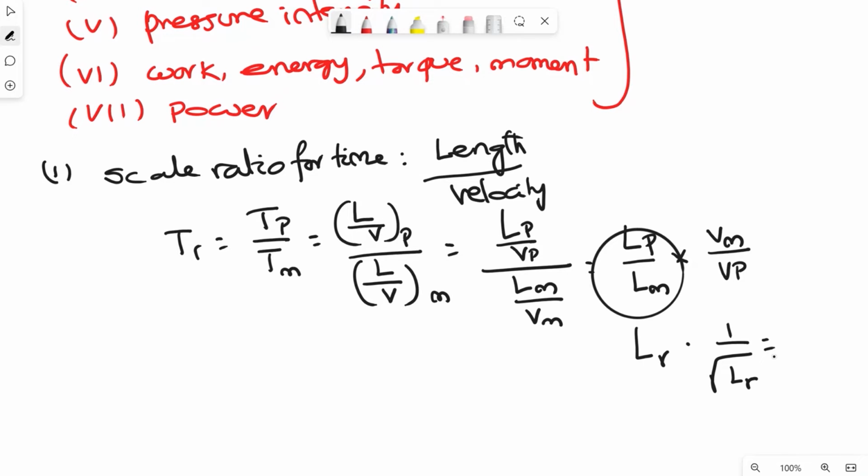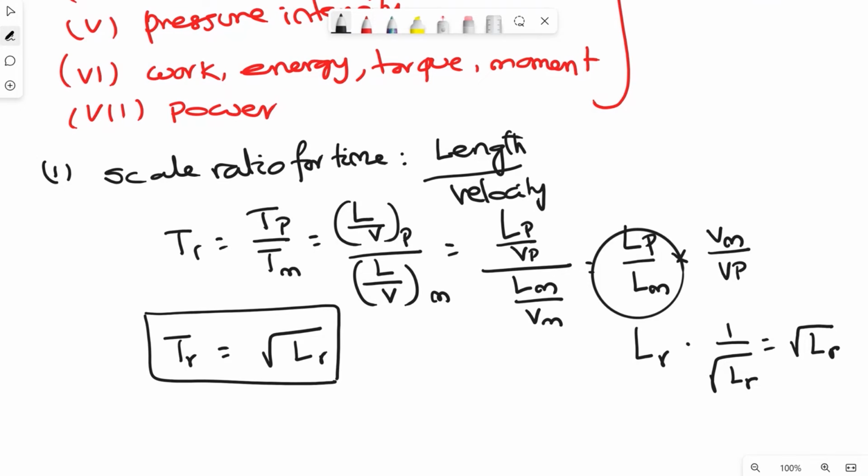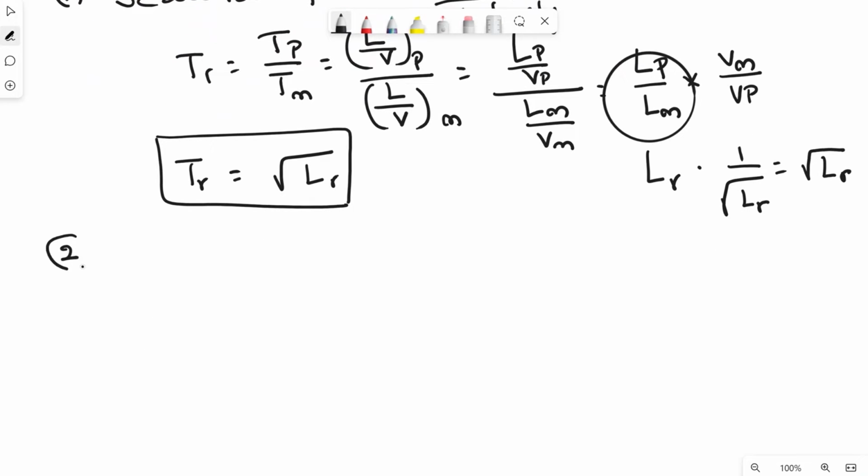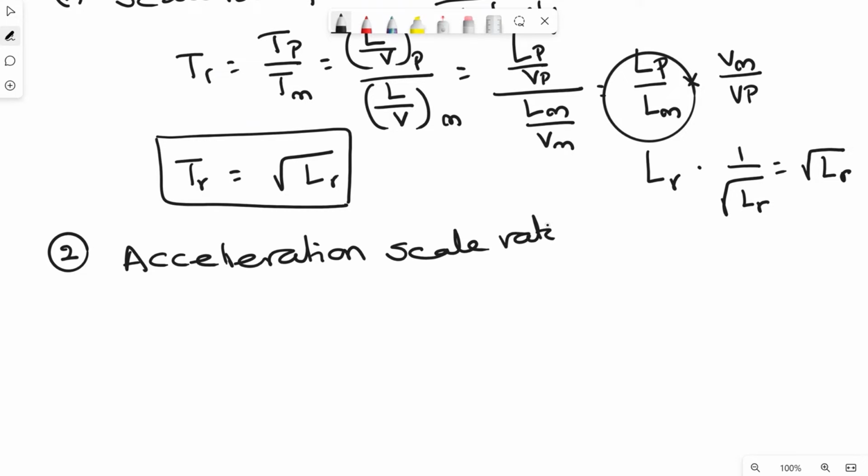So what is happening actually? Then it is going to be root LR. So the first thing is TR, the time scale ratio, is equal to root LR. Then the second one, the acceleration scale ratio, which is AR.